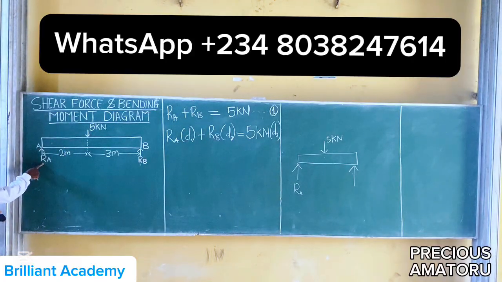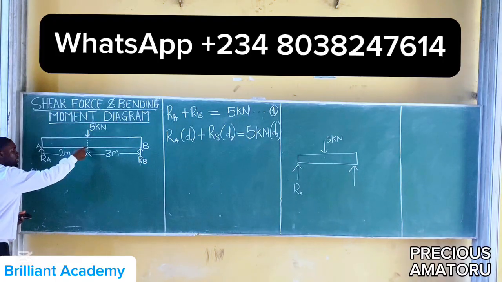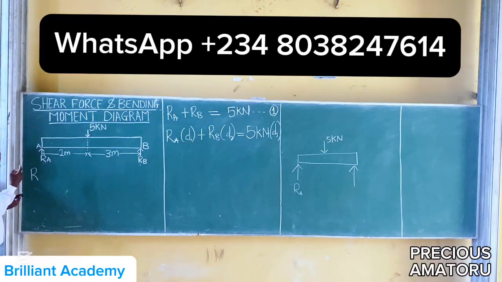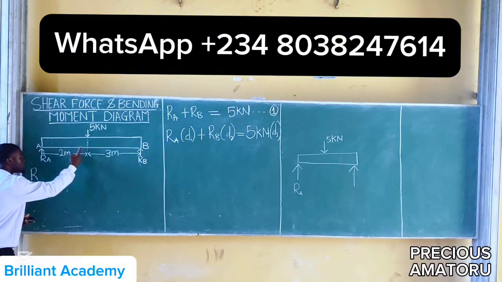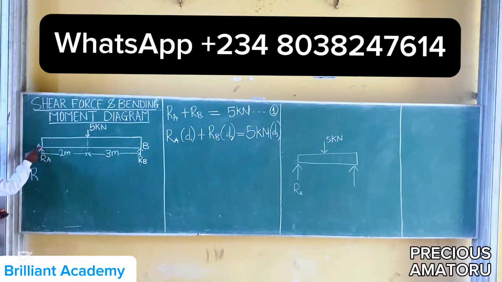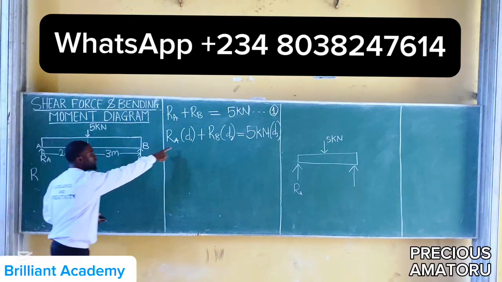For RA, we are taking the moment at this point. Since we are taking the moment here, there is no distance away from RA. So the distance here is 0.